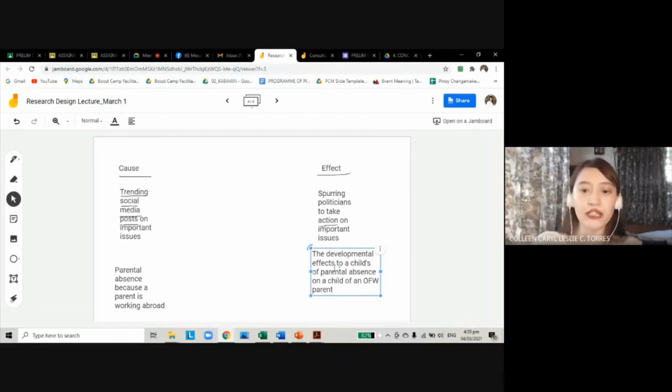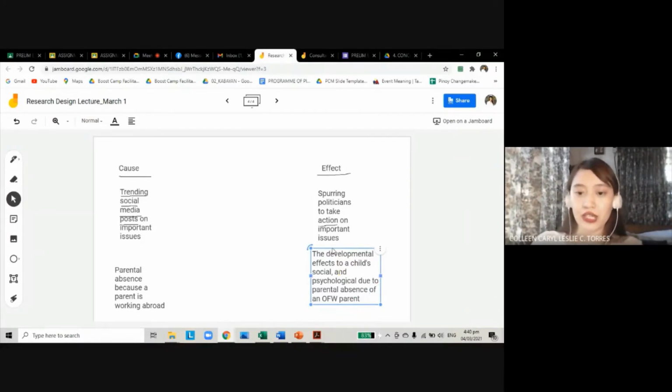The developmental effects to a child's social growth, psychological growth due to parental absence of an OFW parent.